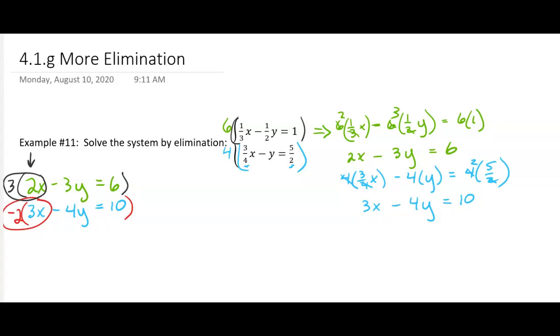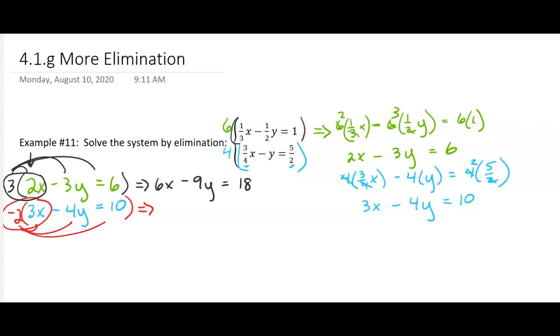Okay, so I'm just showing you what's coming. So the top equation, you still have to do all that distributing. And I get 6x minus 9y equals 18. And then on the bottom, I have to distribute here, and it's a negative 2, right?